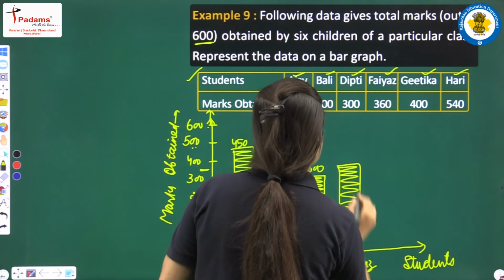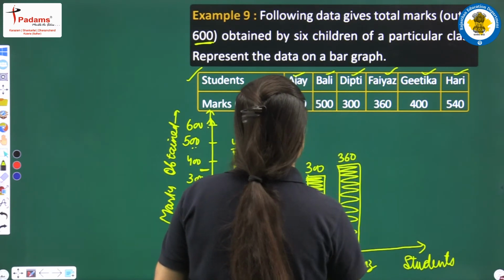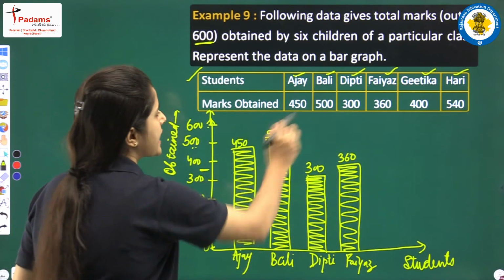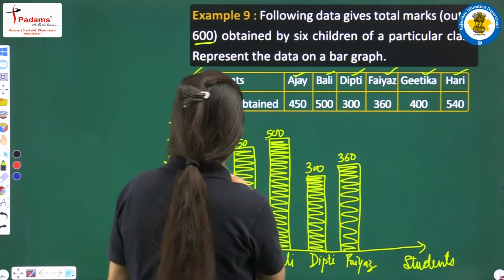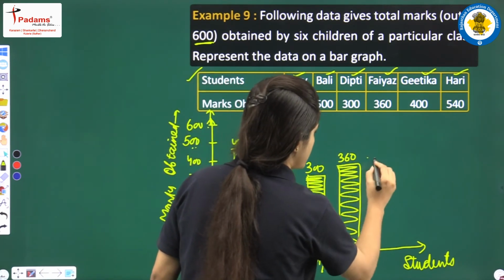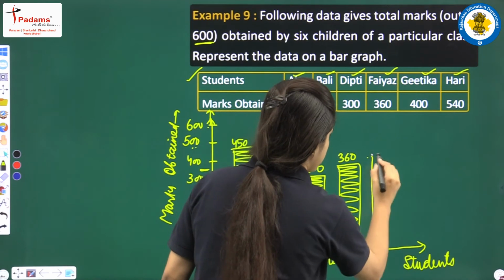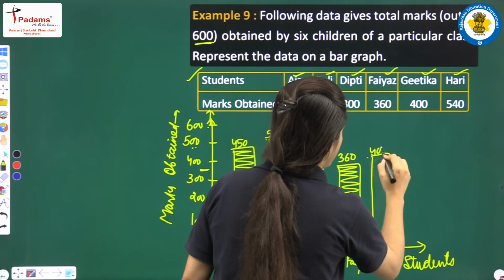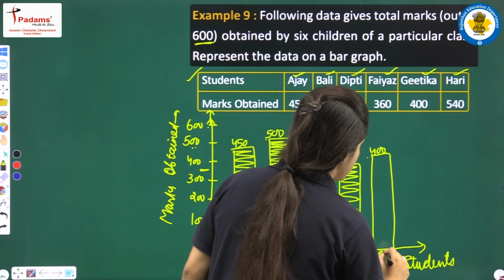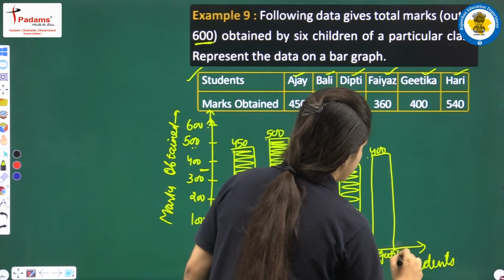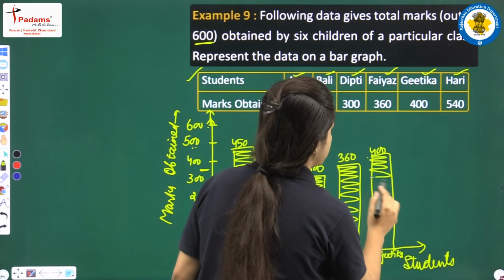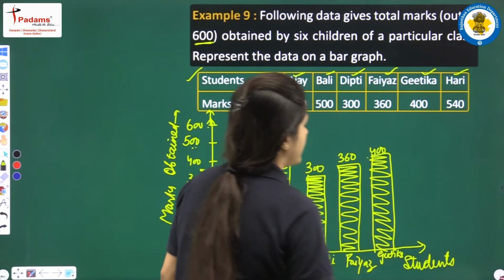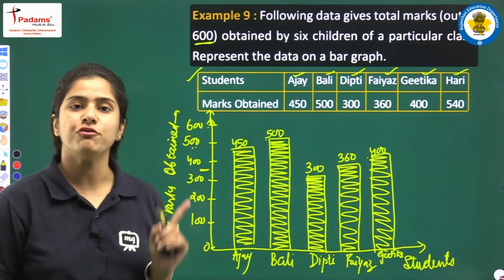And he is getting 360 marks. Now students, Gitika is getting 400 marks. 400, like this much. 400, and this is the marks obtained by Gitika. Now students, we have to make a bar of Hari.